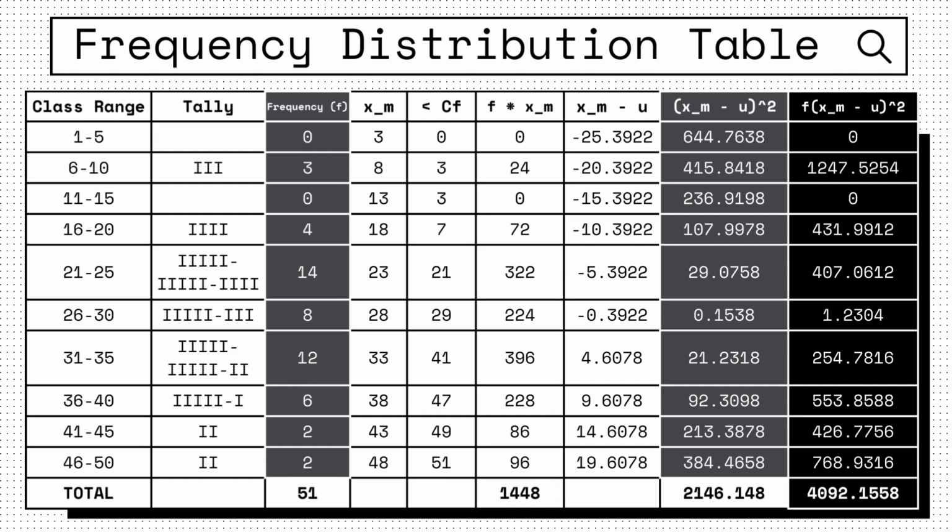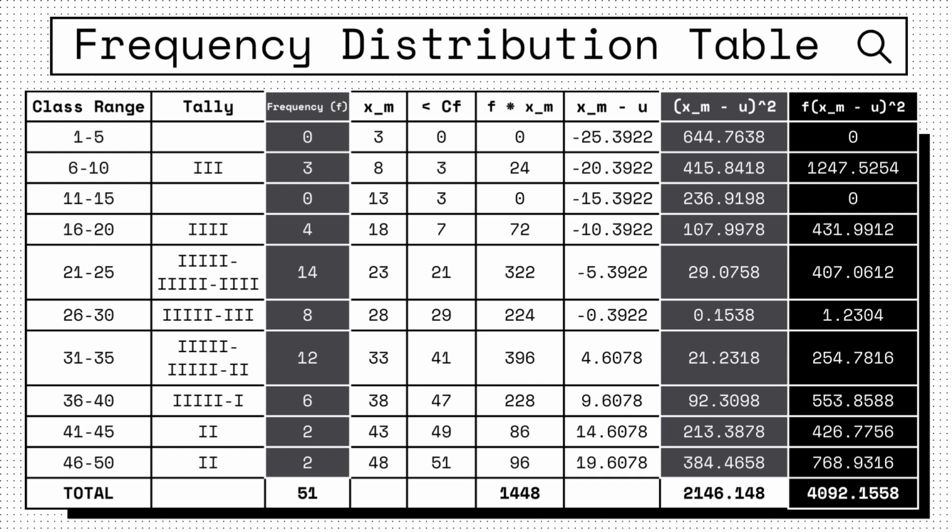So for the first one, we will need to multiply 0 by 644.7638, which is equal to 0. For the second one, we have 3 times 415.8418, which is equal to 1,247.5254.